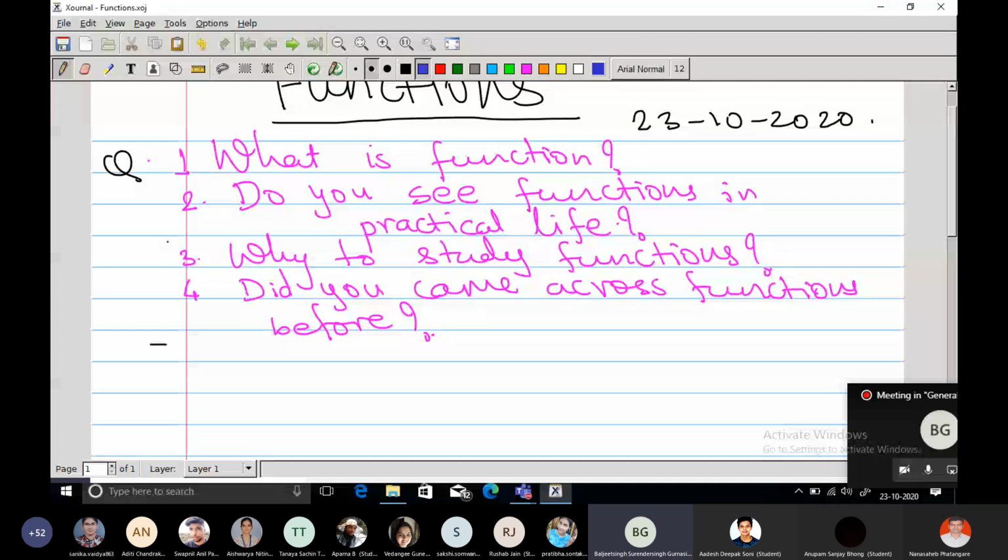We give each student a roll number. You can calculate a function where you put a roll number and you get a student. Right, very good.